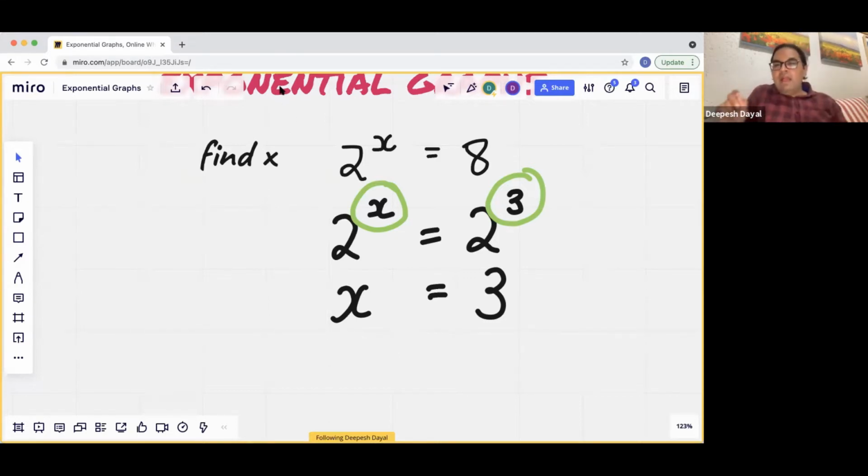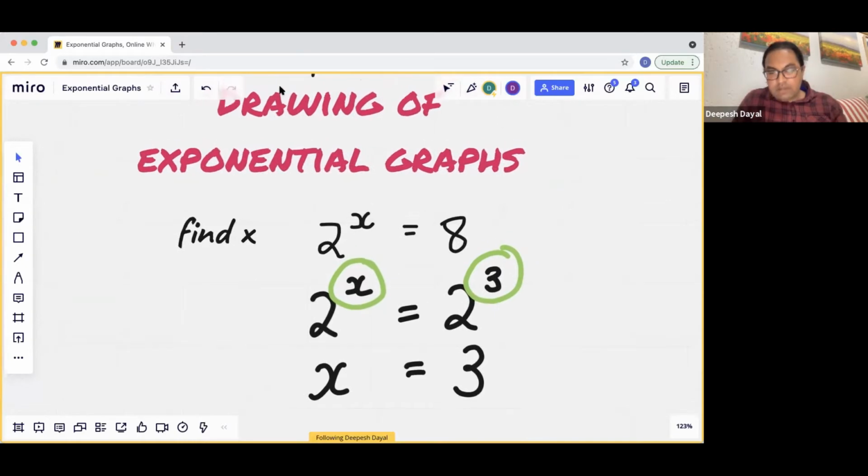Are you all ready for exponential graphs today? The drawing of exponential graphs. How do you feel about exponential graphs? Those of you that have done it, maybe you can tell me in one word. Maybe you can give me one word if you've done it at school.